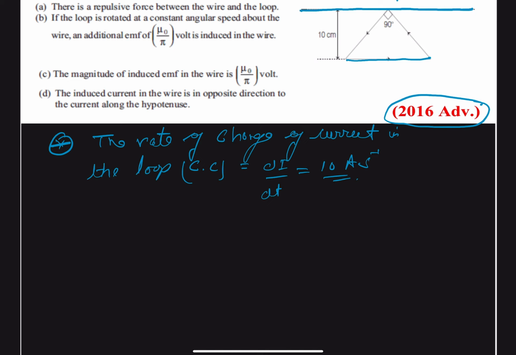So let us consider a small strip somewhere here. The thickness of this strip is dy, and the length of the strip is y on either side of this vertical line. So the total length of this strip comes as 2y.